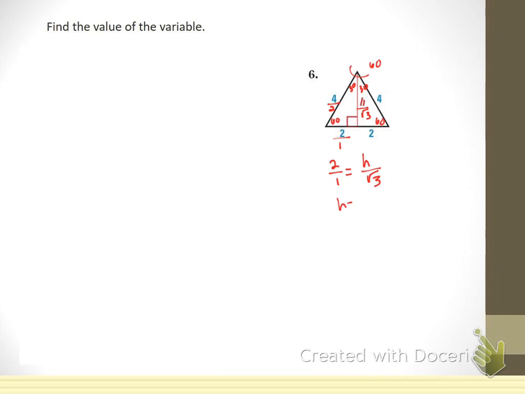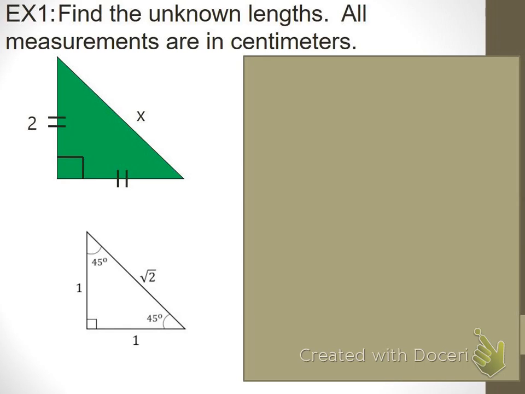Cross multiply, h ends up being 2 square root of 3. Okay, so hopefully that makes enough sense. And let's go through and let you work some. So stop the video each time, then you can start it back up. I'll walk you through the proportion that I used and see if you're right.